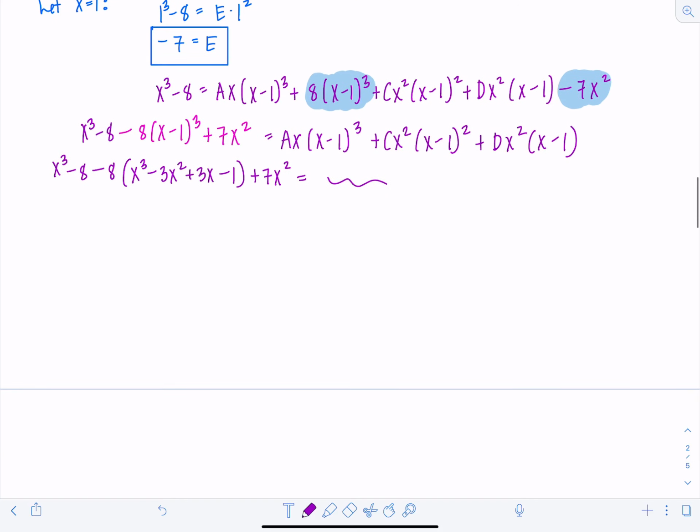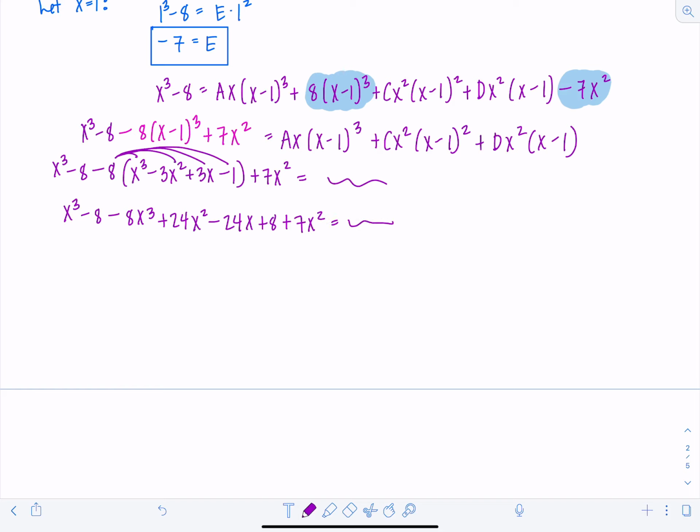And then I'm just going to focus on cleaning up right here for a little bit. Then we're going to have x cubed minus 8 minus 8x cubed. I'm going to distribute now: minus 8x cubed plus 24x squared minus 24x plus 8 plus 7x squared is that whole mess.